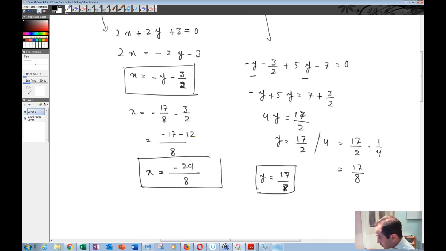So it's simple, and it's the kind of thing that you do when you have two equations.